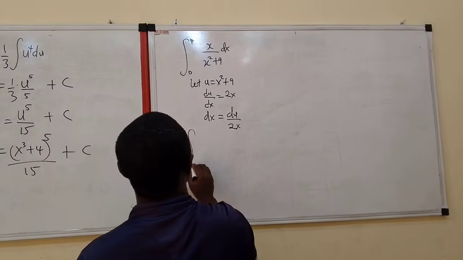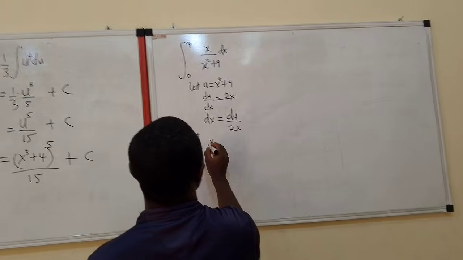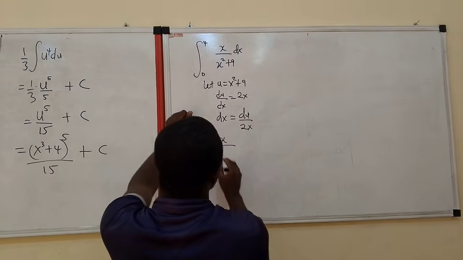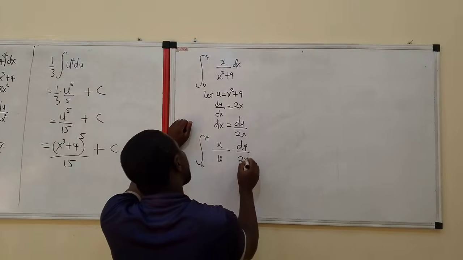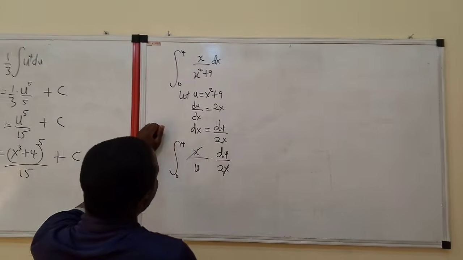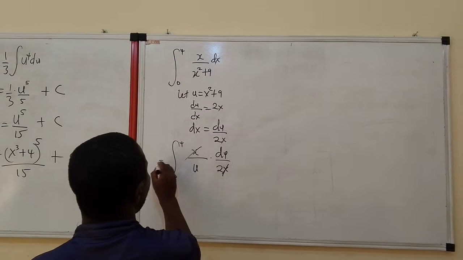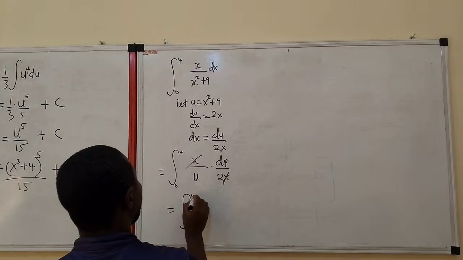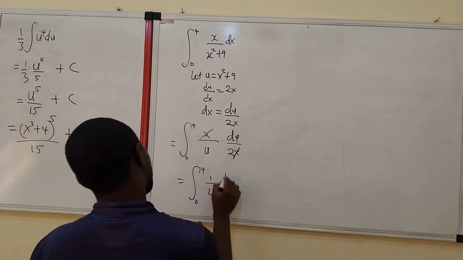So the integral from 0 to 4 of x over u, du over 2x. x will cancel out x. So I have this equals 1 over u du.